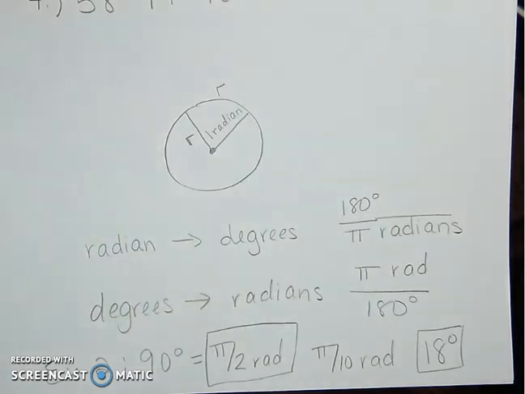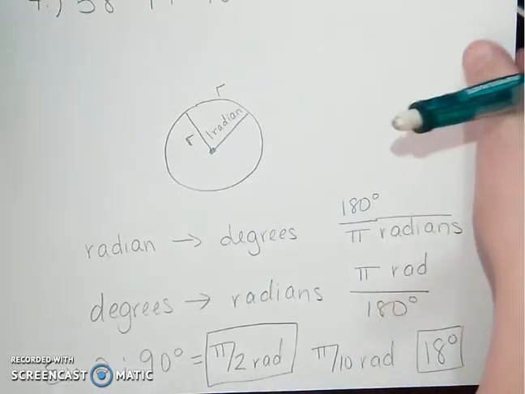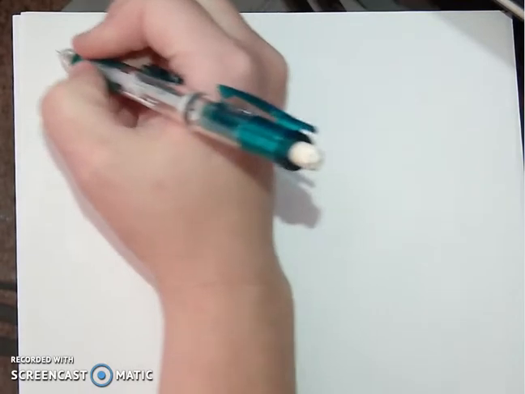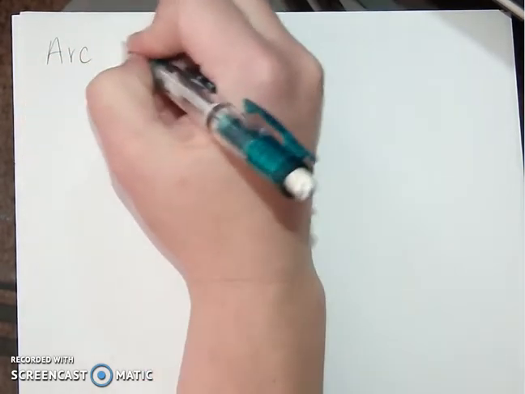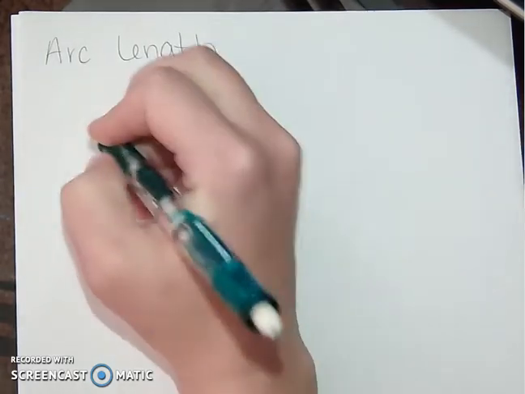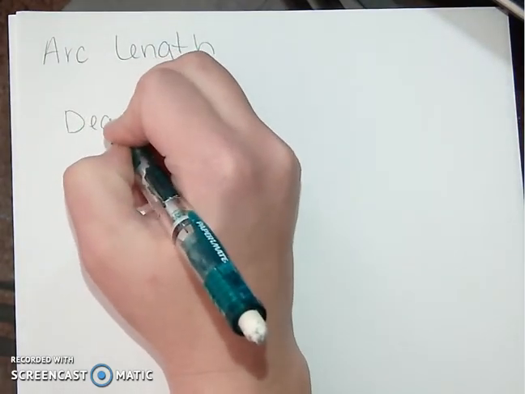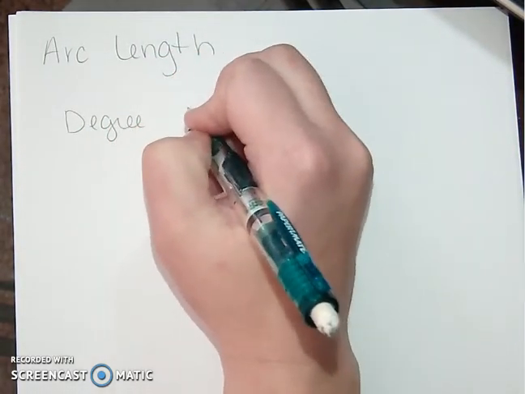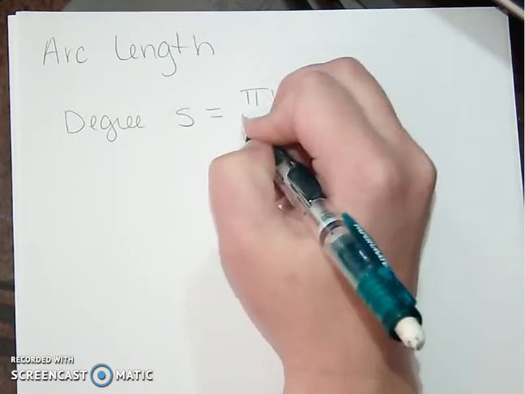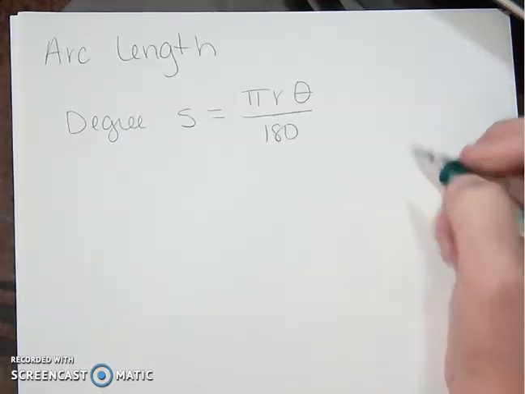The last thing that is in this section is arc length. Hopefully you remember the arc length formulas from Math 3. But just in case, when we are in degree mode, the formula is S equals pi r theta over 180.